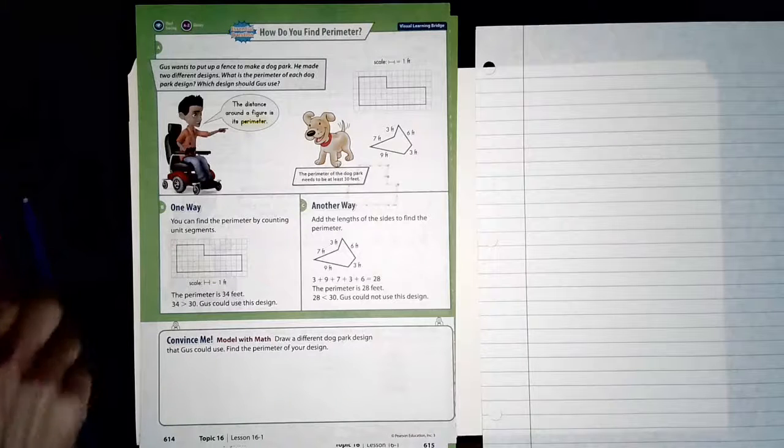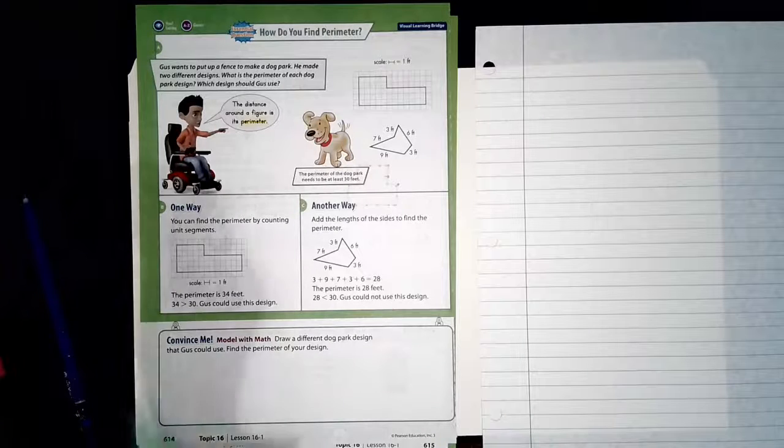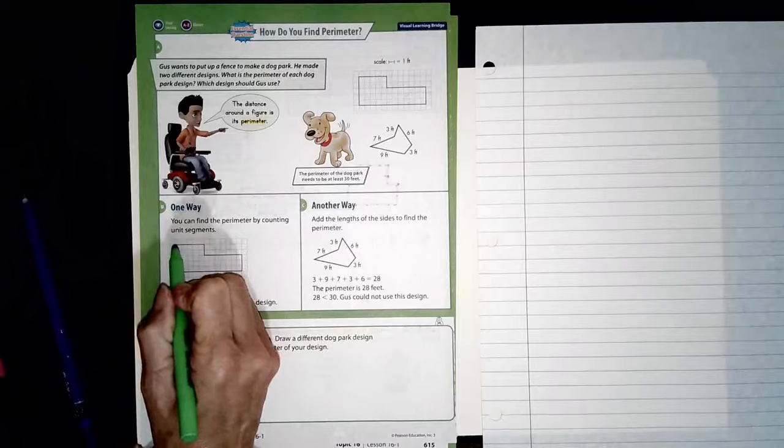Once again, when we're counting our unit segments, we're counting the space from one point to the next.